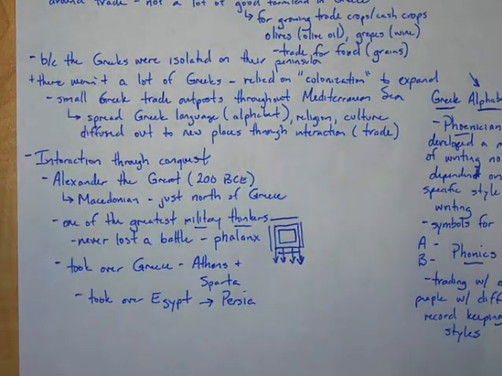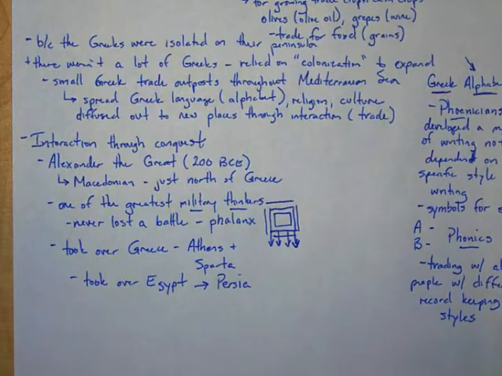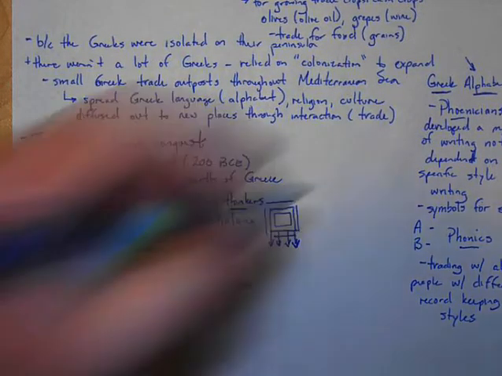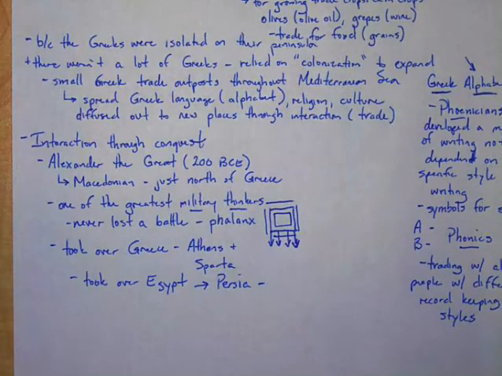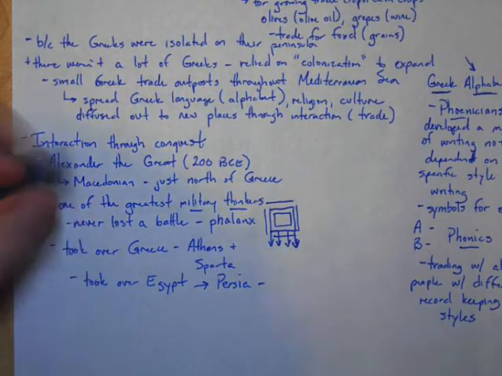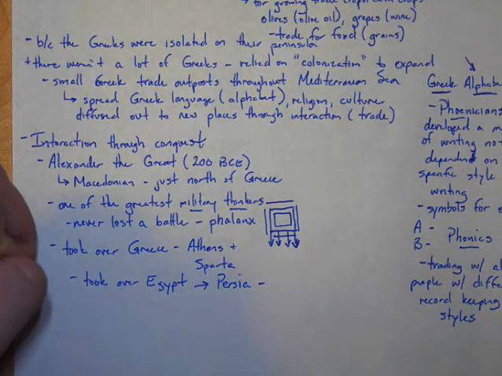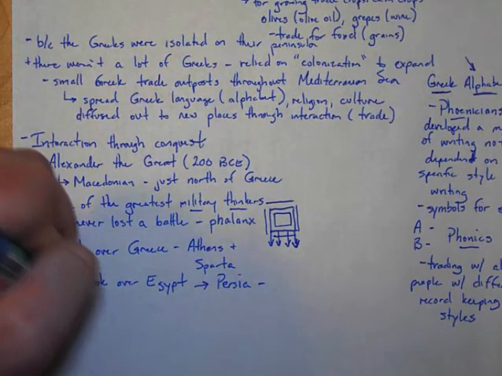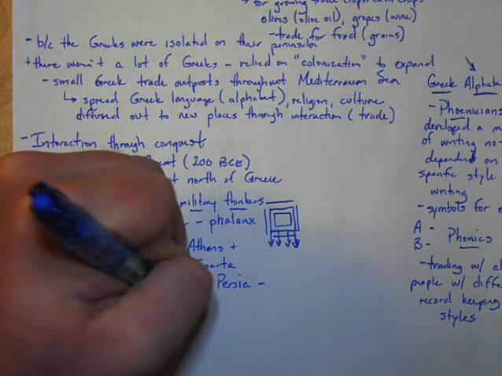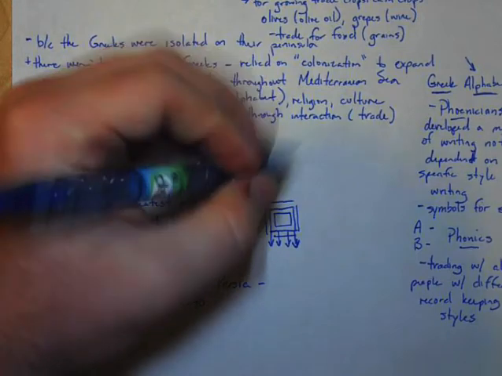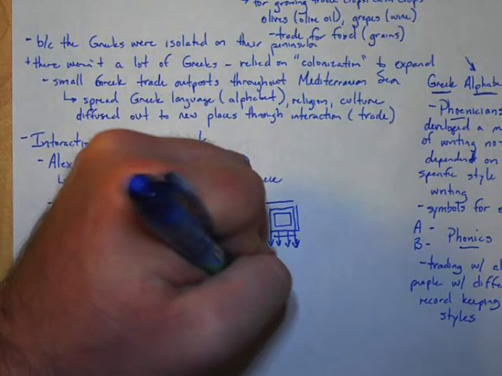And we mentioned Alexander in a previous video when we talked about the collapse of the Achaemenid Empire. So that was what Alexander did. Alexander took over Persia. Now, once he had done this, it had taken him about 10 years to conquer all of this.